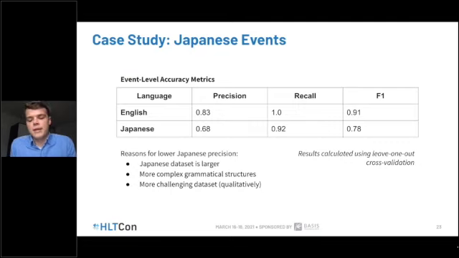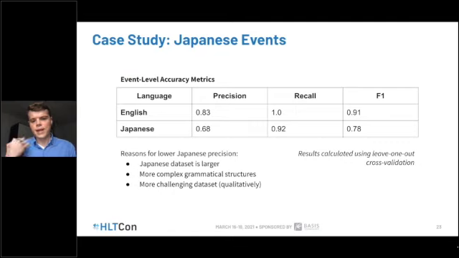I think this is because, first of all, the English data set was much smaller. So it's less statistically significant that you would see a 1.0 recall. But additionally, you have just qualitatively a less challenging data set than the Japanese data.